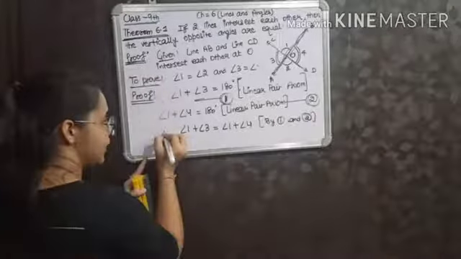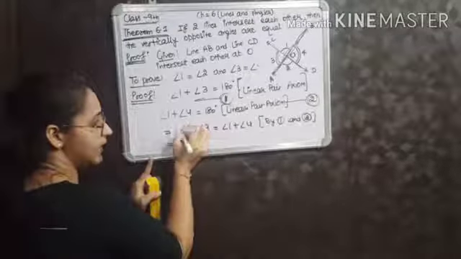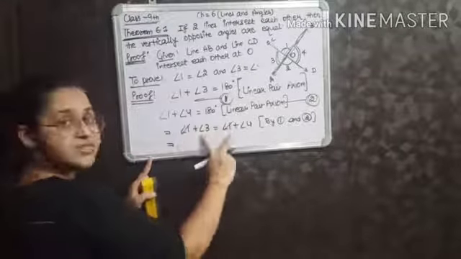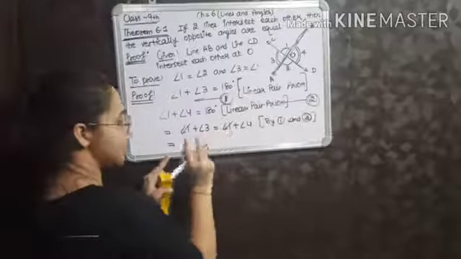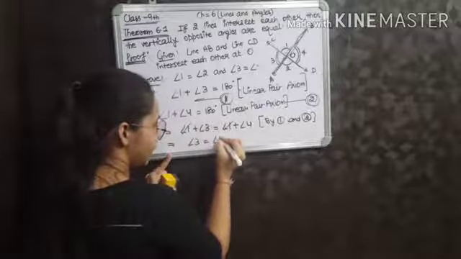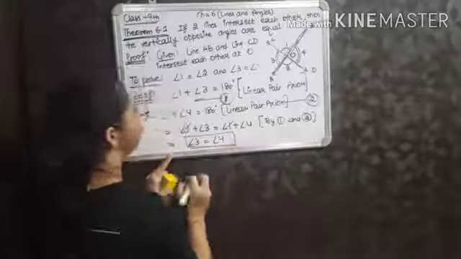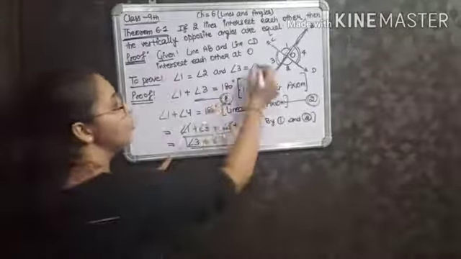Now, see here, angle 1 and angle 1. I can cancel them. They have the same sign and are on both sides. So I can cancel. So what are we left with? We are left with angle 3 is equal to angle 4. And we had to prove this.